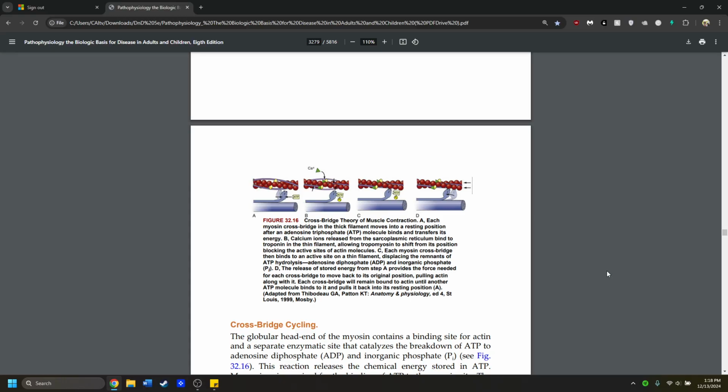Each cross-bridge will remain bound to actin until another ATP molecule binds to it and pulls it back into its resting position of part A. So what it didn't explain nicely is in picture 1, that ATP that moved it forward so that it can grab onto something is pushed back. And it really doesn't show it nicely even in the picture. But I guess that's what pulls it along.